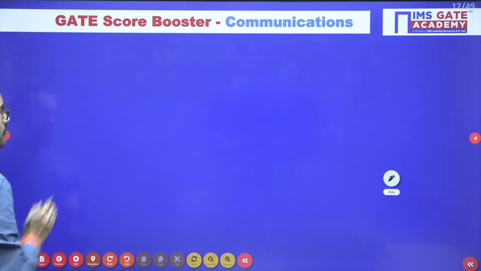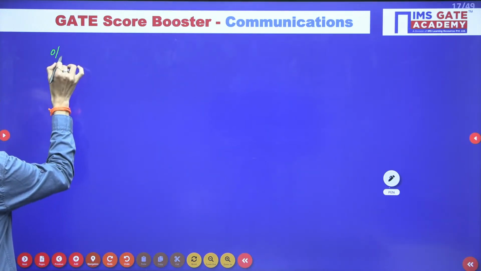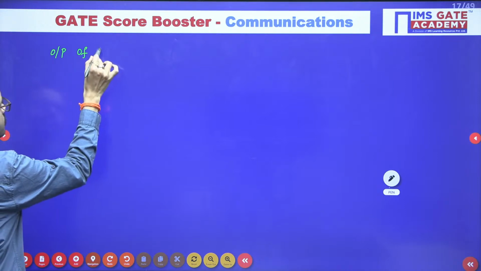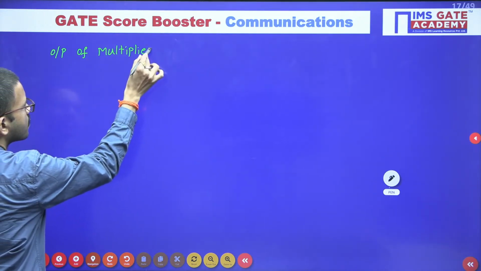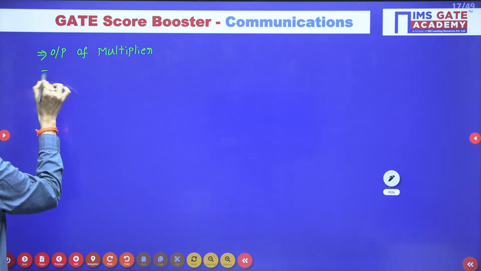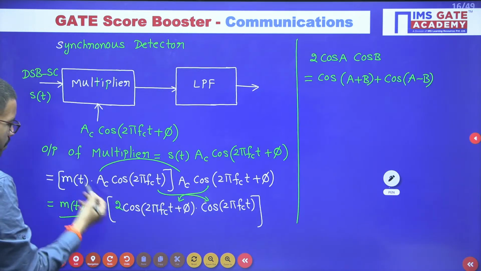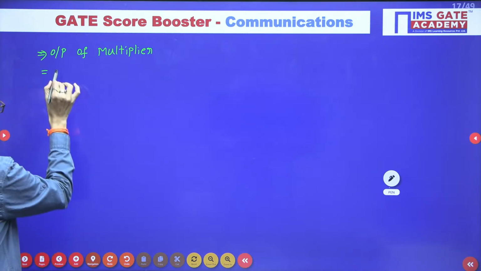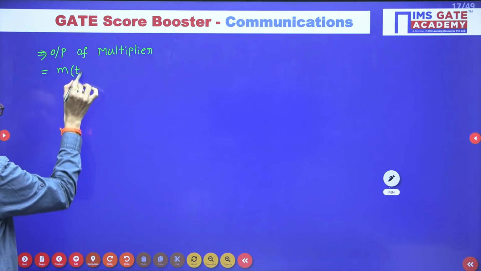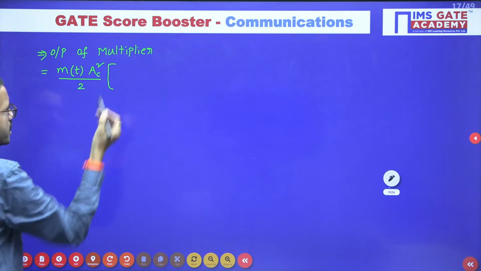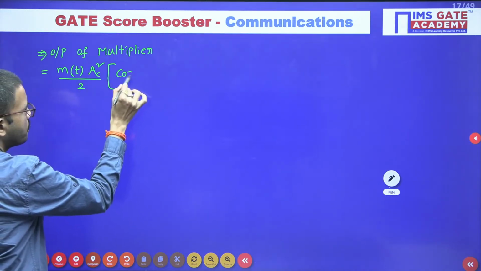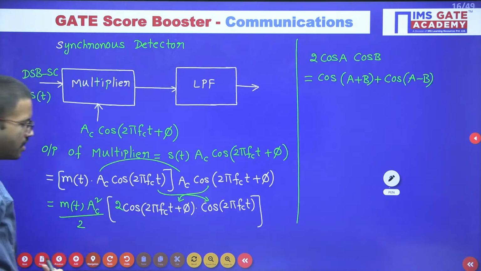So now you can use that formula. From here we are going to get the output of the multiplier equal to m of t AC square by 2, you can write as it is. 2 cos A cos B is nothing but cos sum plus cos difference.